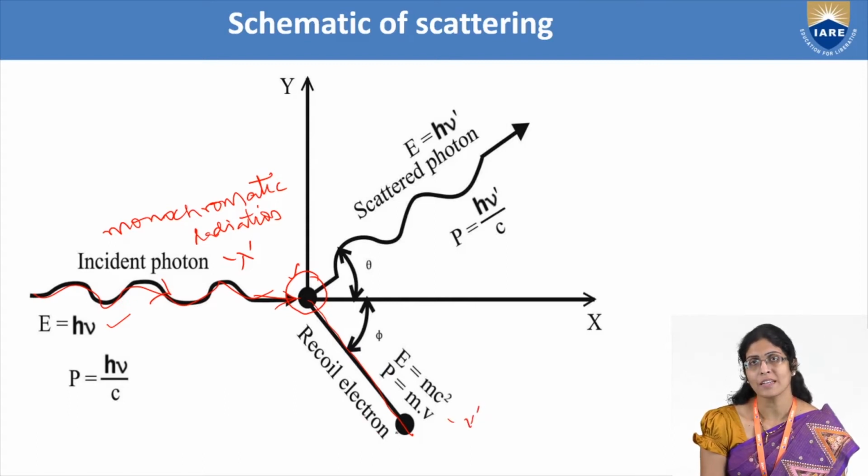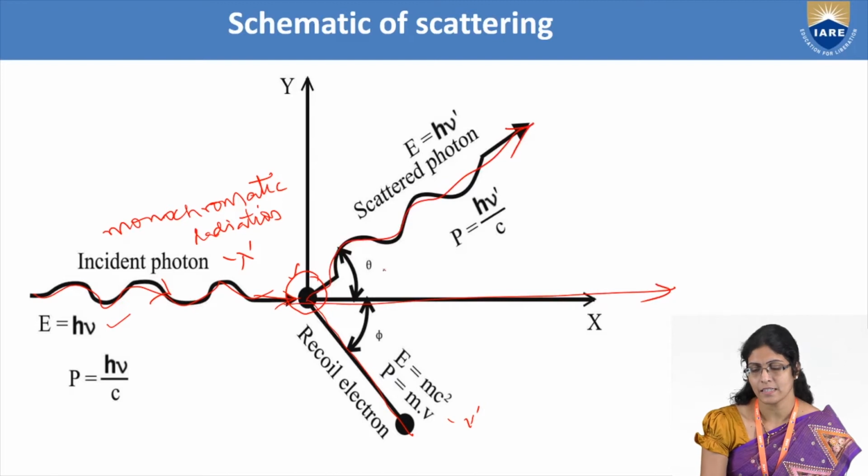As this electron has absorbed the energy of the incident photon, the photon's energy is lowered, and the photon travels an altered path, making an angle theta with the initial path.